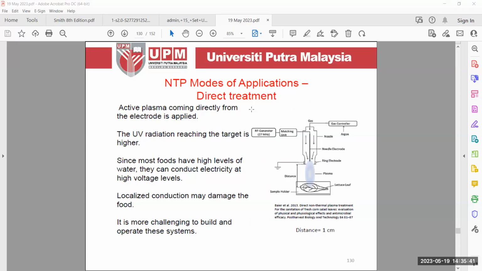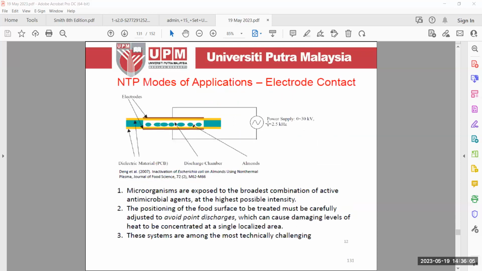So the direct effect, this one is mostly used on salad leaves, okay, daun-daun salad, sayur-sayuran yang berdaun. Since most food has a high level of water, it can conduct electricity at high voltage level. So localized conduction may damage the food, and it is much more challenging to build and operate direct treatment plasma in comparison to the non-direct treatment.